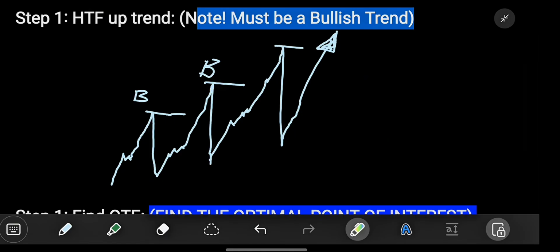Okay, so we're looking for an impulsive move, retrace, take out some liquidity there, then impulsive move, we break this level, we come back down, take out some liquidity there, impulsive move, so on and so forth. Okay, so this is on the higher time frame. This is the first thing that we have to do.